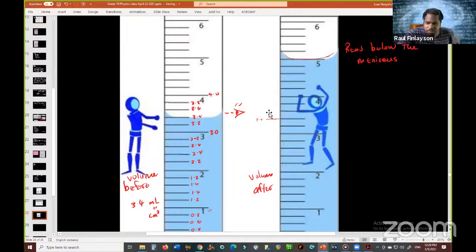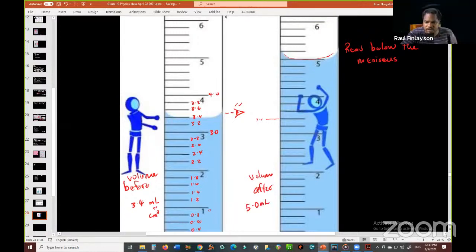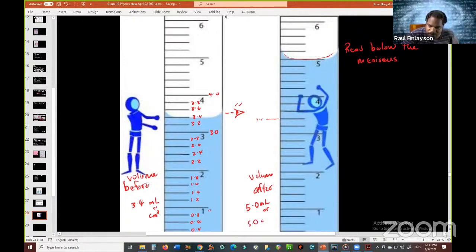All right. So again, volume before was 3.4, and after the person goes in, it goes up to 5. So the volume after is 5, or 5.0 cm cube. Remember that centimeter cube, or cm cube, is the same thing as milliliters. However, the reading now, that's an important precaution.